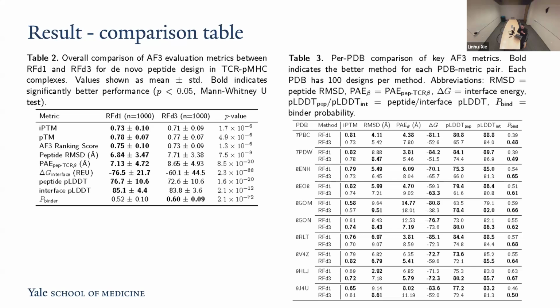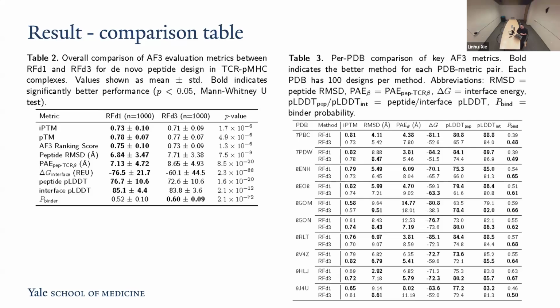And you will see that RF1 consistently outperforms RoseTTAFold Diffusion 3, which is out of our expectations, because RoseTTAFold Diffusion 3 was released last December, just a couple of months ago, and their team states that it is the state of the art model for protein design.